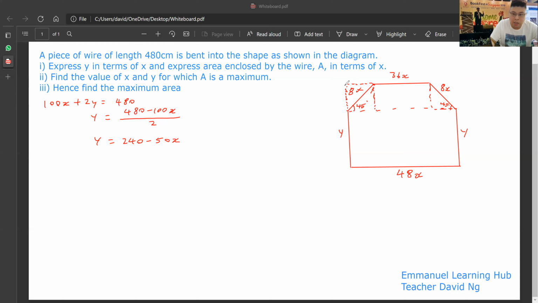So this square plus this rectangle, or rather this whole thing, this whole rectangle, okay, because it's the same, right? 48, 36. 48 minus 36 is 12. So here is 6x.